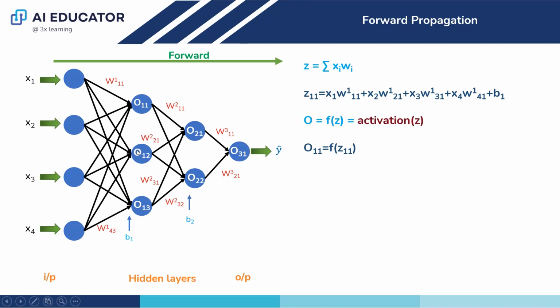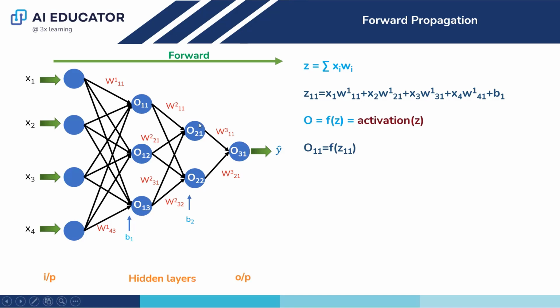In a similar way, for this node, we will be getting an input of Z12 and output of this node will be O12. Again, in a similar way, for this node, we will be getting an input of Z13 and the output of this node will be O13. Now, we move forward from hidden layer 1 to hidden layer 2.